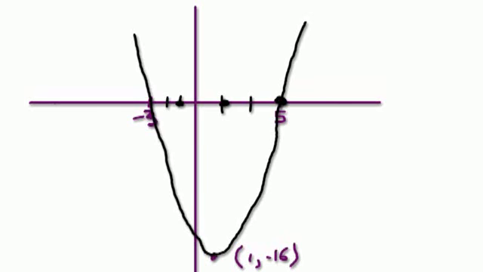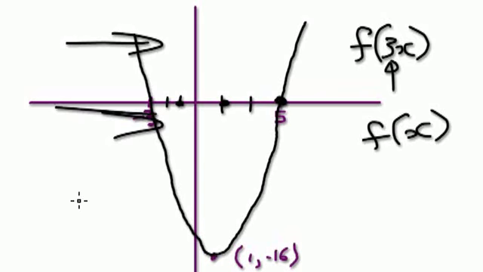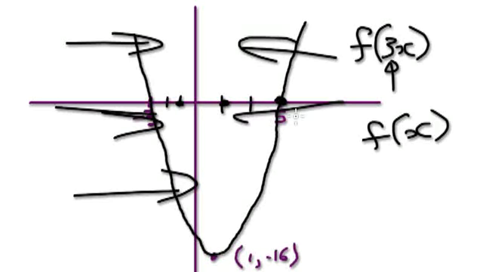So for example, see this half here? I'm going to squeeze this, okay? Because we are trying to investigate this function here. What this will look like in comparison to this, and because of this 3, everything's going to get squashed inwards.